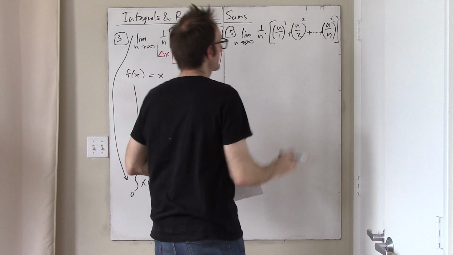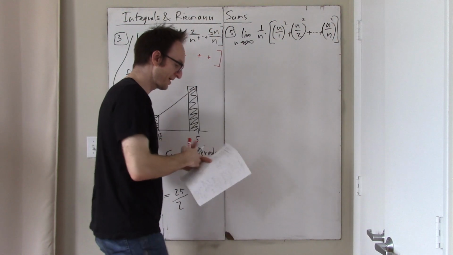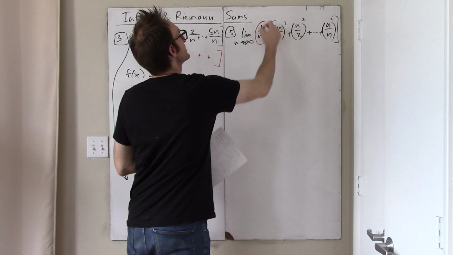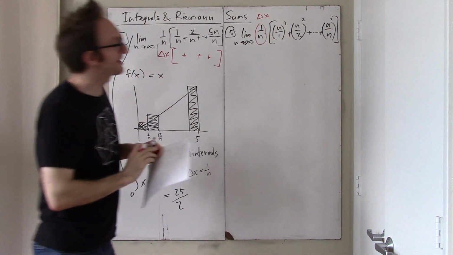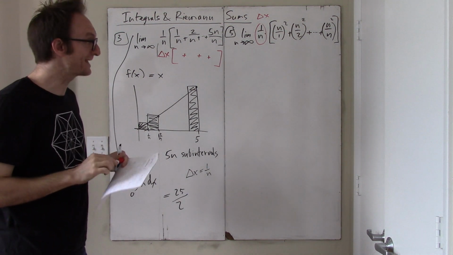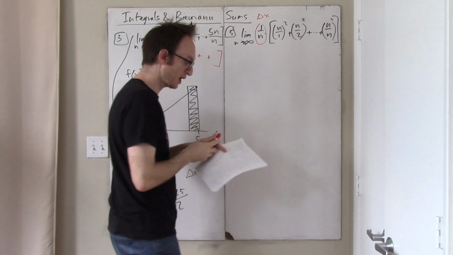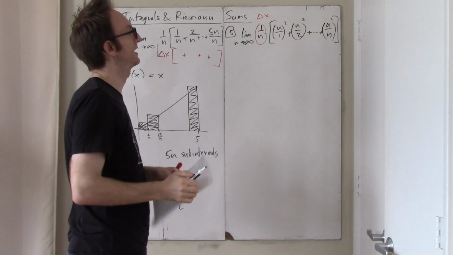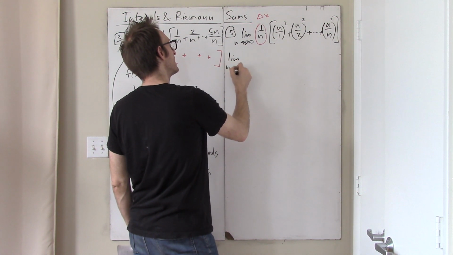Okay, now if I think of this as my delta x, and then I think of myself as incrementing by 1 over n each time, then this is confusing me a little bit because it's hard to tell what function this is. But that's why this problem is a little tricky.